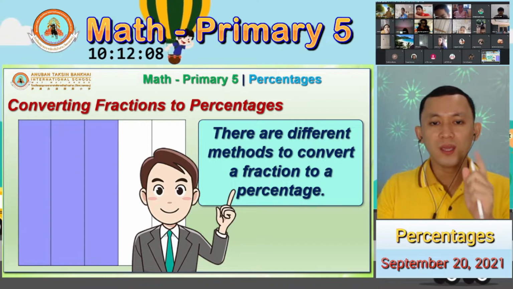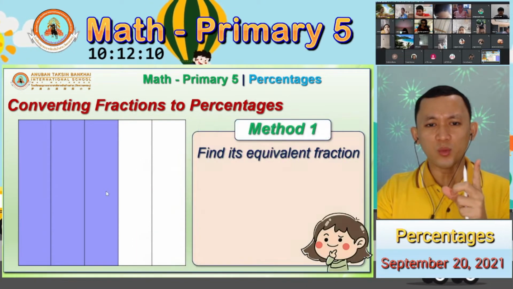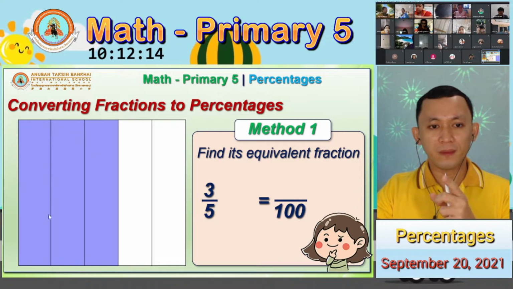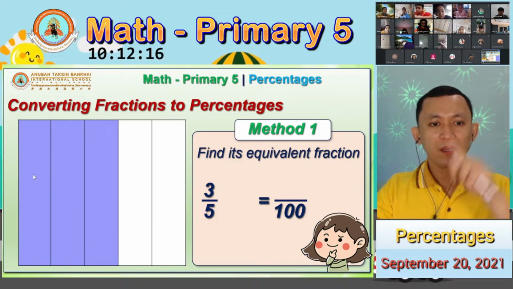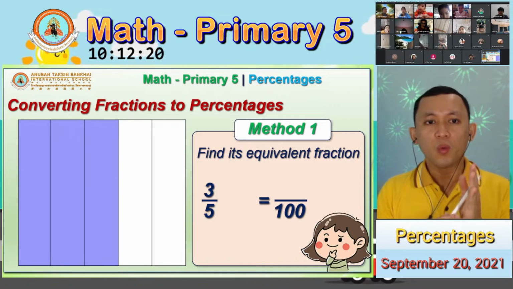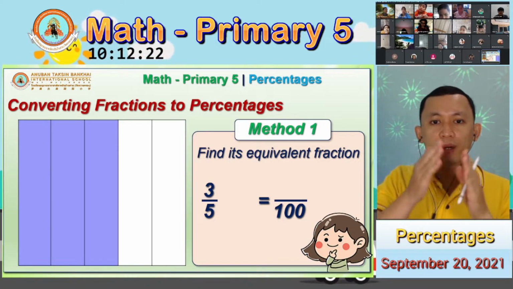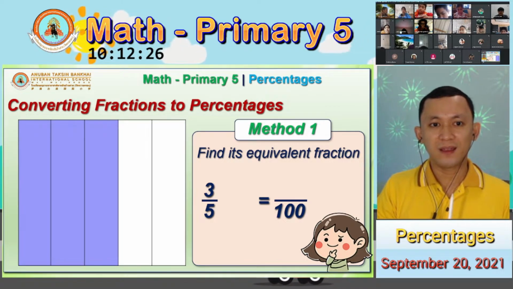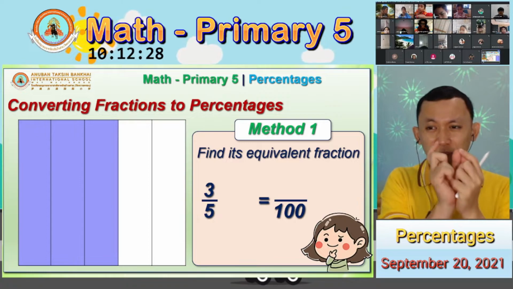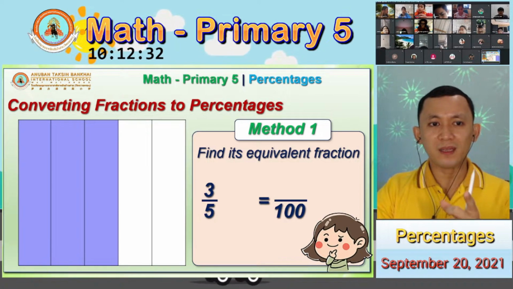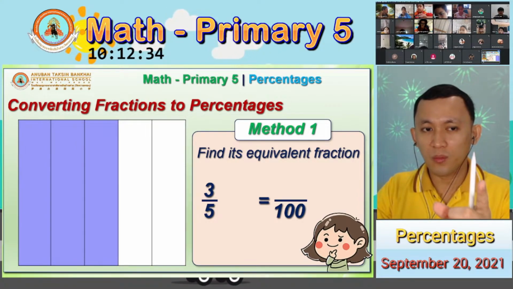Take note that we have 3 over 5. 5 equal parts, 3 shaded parts. So in this example, we need to change our denominator to 100. So Pimlak says, teacher, we will multiply.